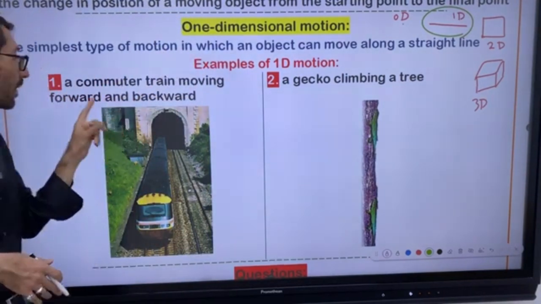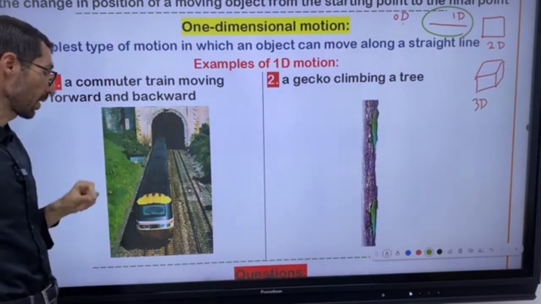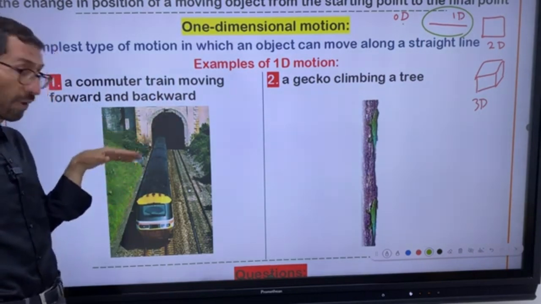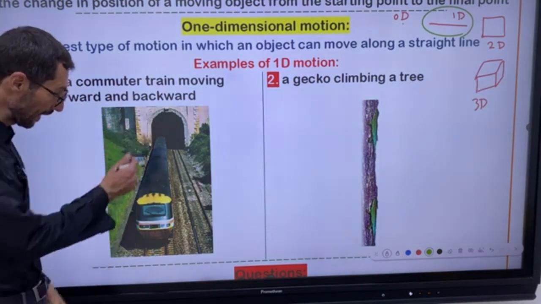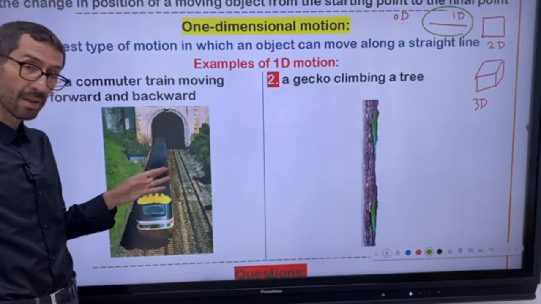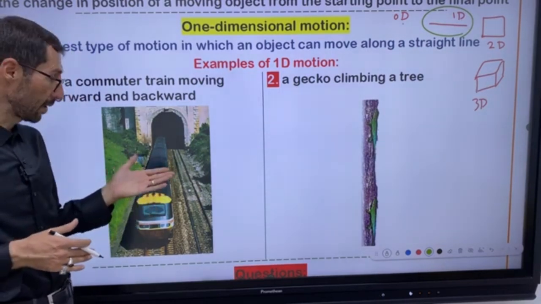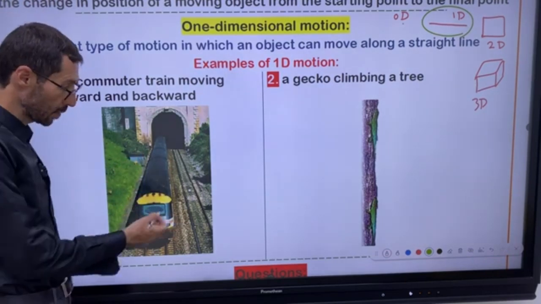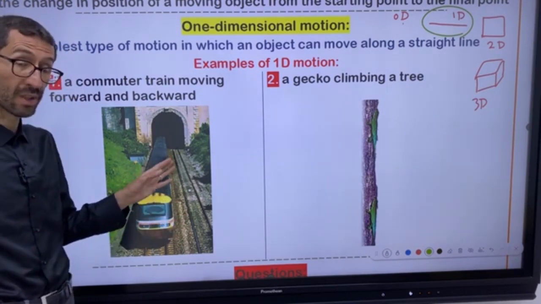Examples of one dimension. The first example: a commuter train moving forward and backward. This train is called a commuter train because it moves back and forth. It moves forward one way, and then whenever the train turns back to the original position, it changes direction and moves backward.